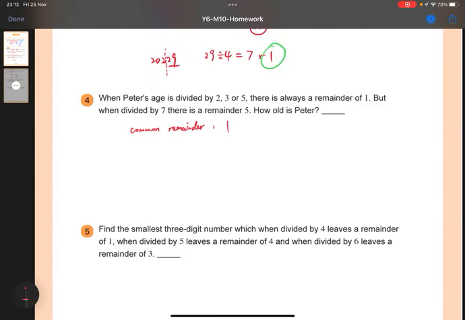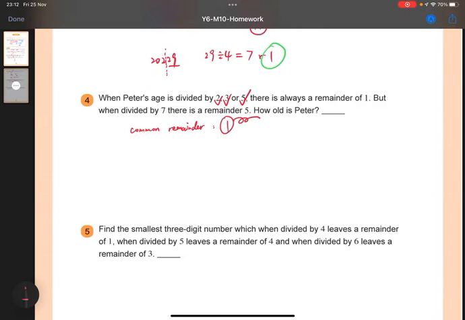So that means if we think of a way to get rid of this remainder 1, meaning we take away 1 from the number we have, then it will be divisible by 2, by 3, and by 5. In other words, it will be a common multiple of 2, 3, and 5. So we need to find the common multiple of 2, 3, and 5.